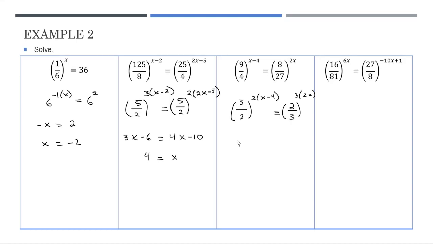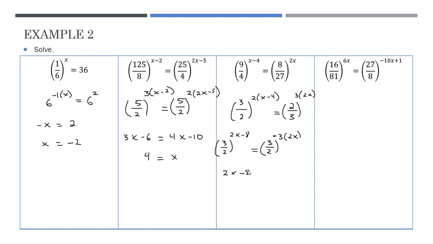So I'm going to leave the left side the same. So I'll leave it as 3 over 2, and maybe I'll distribute this as 2x minus 8, and I'll reciprocate this base to make it become 3 over 2. Now to do that then, I need to make this 3 a negative 3. Okay, now we've got the same base. Now we can make the exponents equal to each other again.